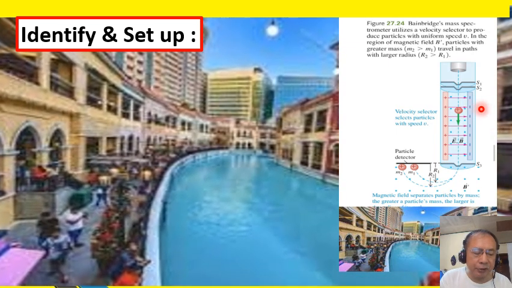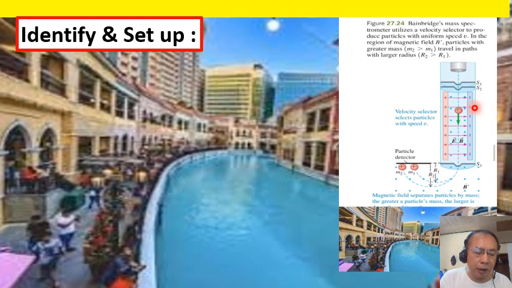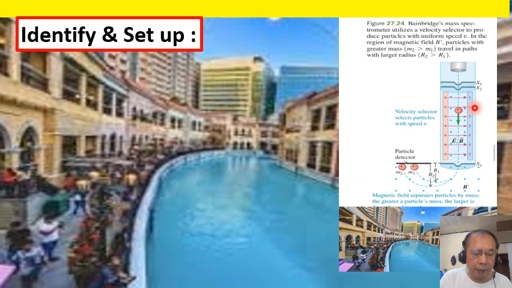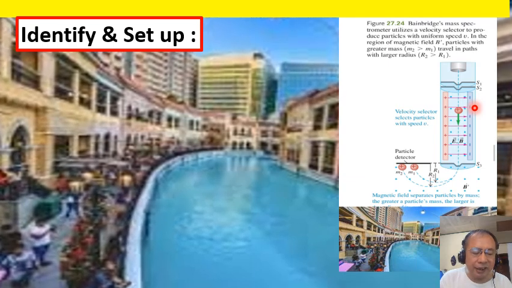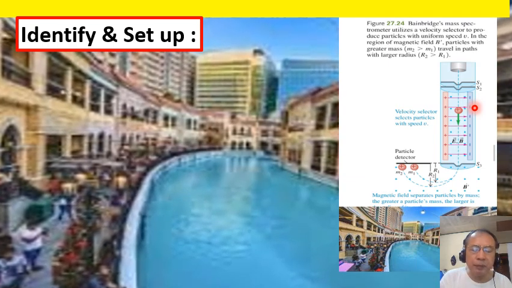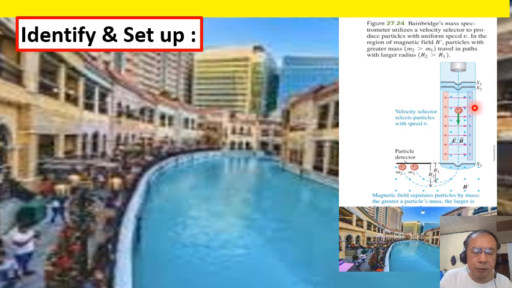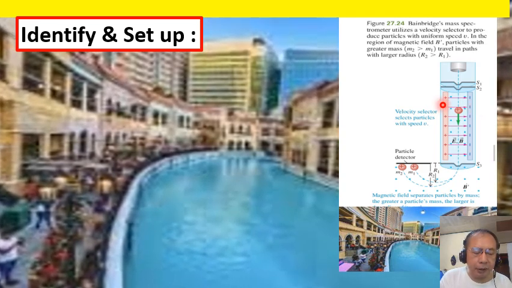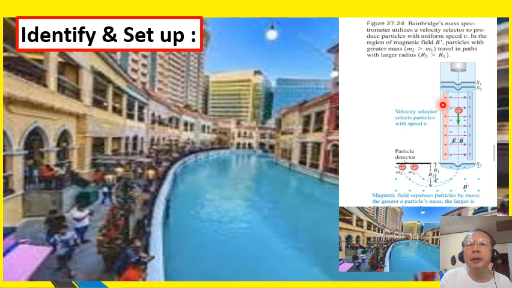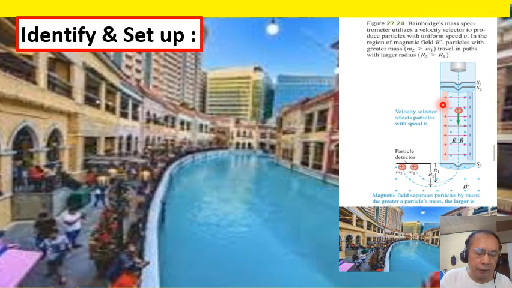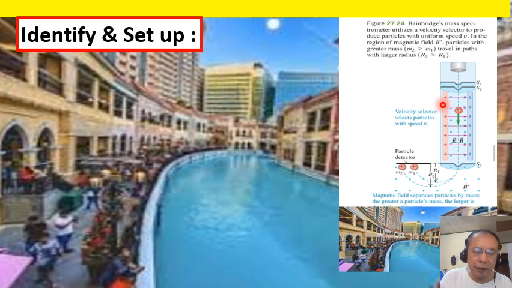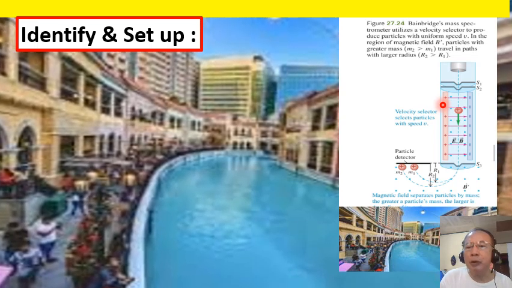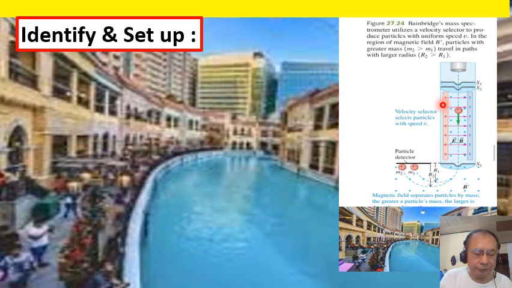Then the ions pass through a velocity selector with crossed electric and magnetic fields. A velocity selector selects only the particles with speed v equal to the ratio E over B, the electric field divided by the magnetic field. These particles remain undeflected while inside the velocity selector.